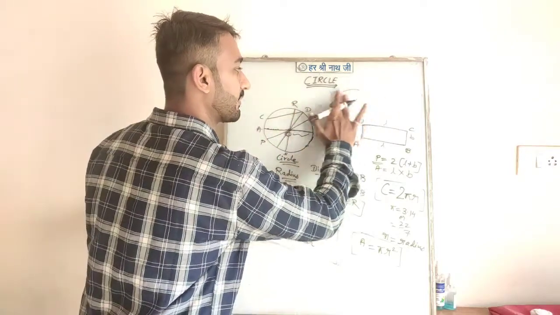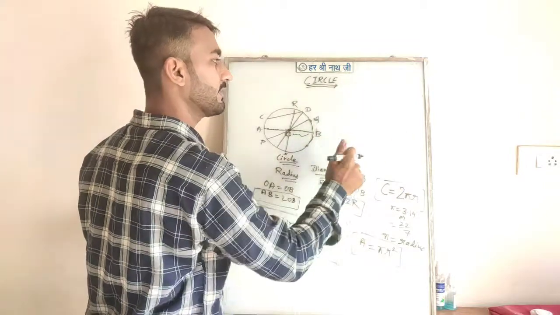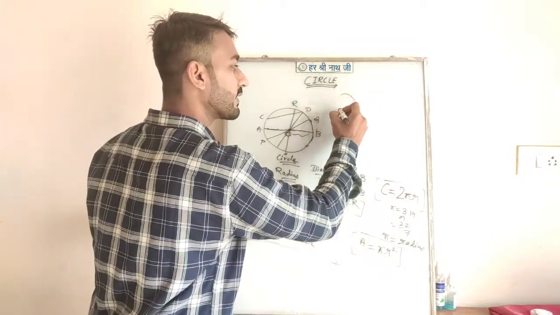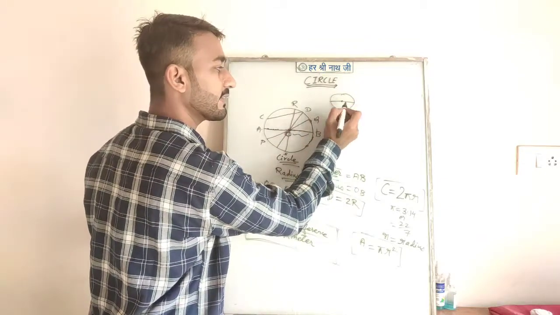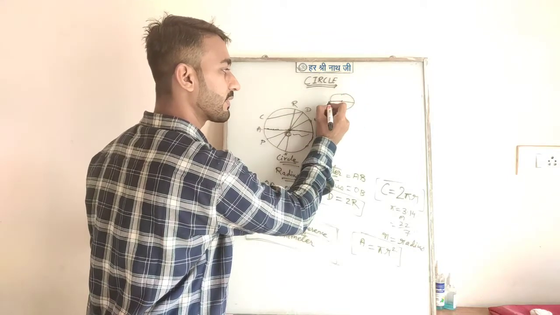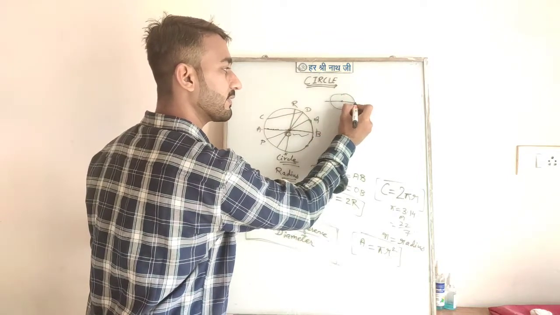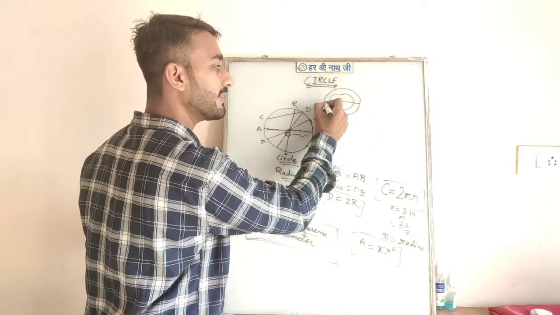Okay, I'm just rubbing it off, explaining it again. See, suppose I draw a smaller circle like this. This is the diameter and this is the center of the circle. Now suppose I extend this till here. So my circumference will also increase, right?